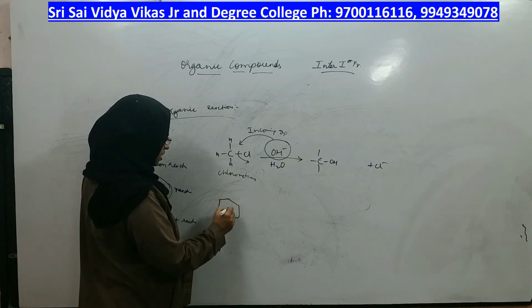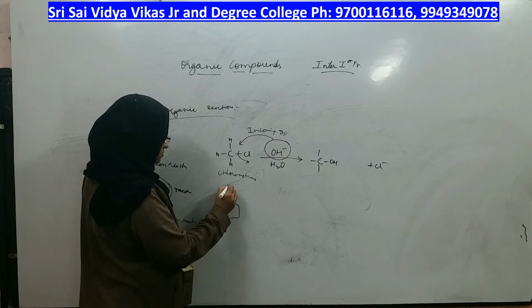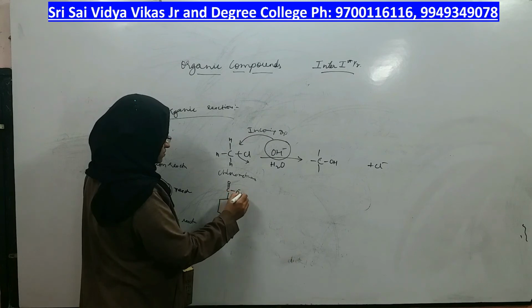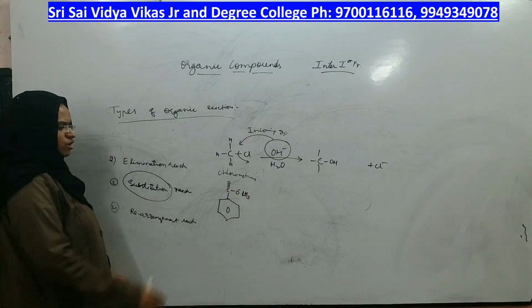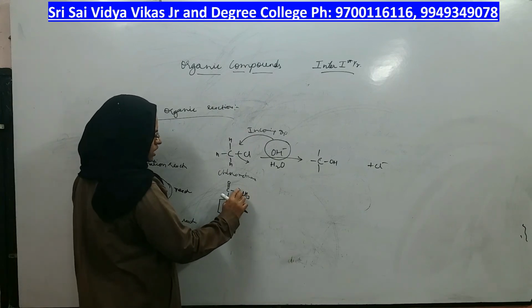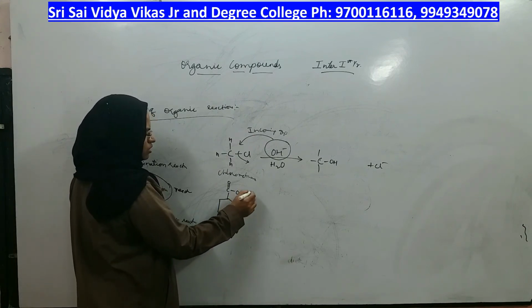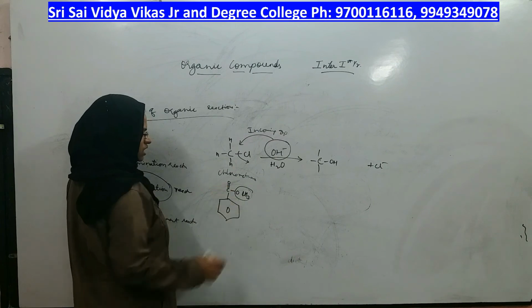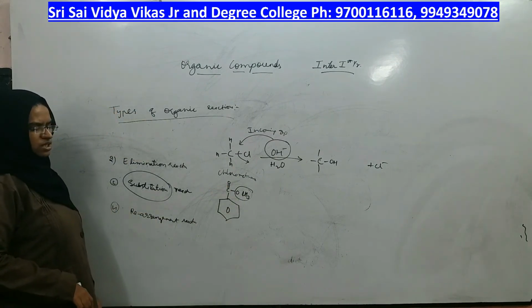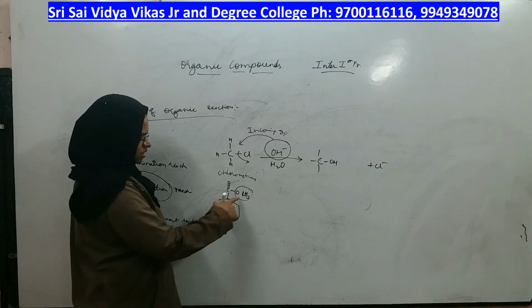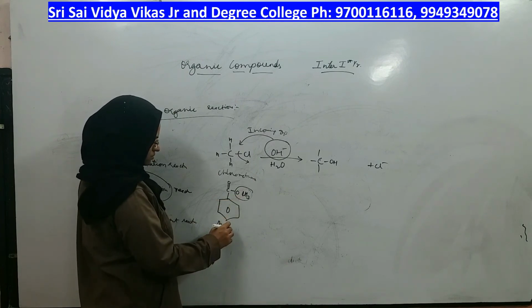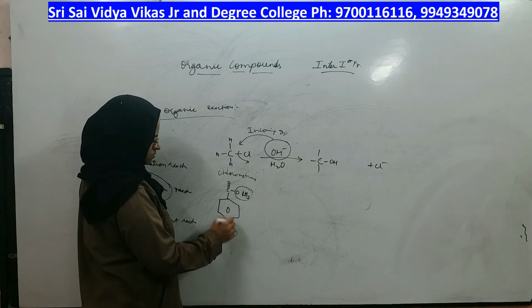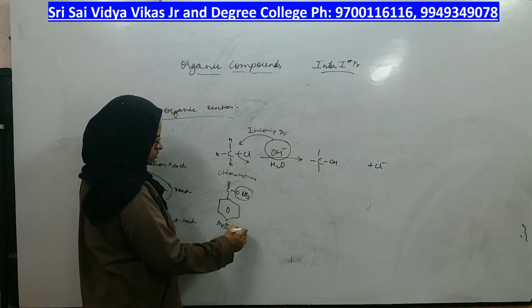Suppose I am having this. What is this? Ester, OR, alkoxy alkanoate is the ester. What is the name of this ester? What is the alkoxy group? Methoxy. What is the ester here?